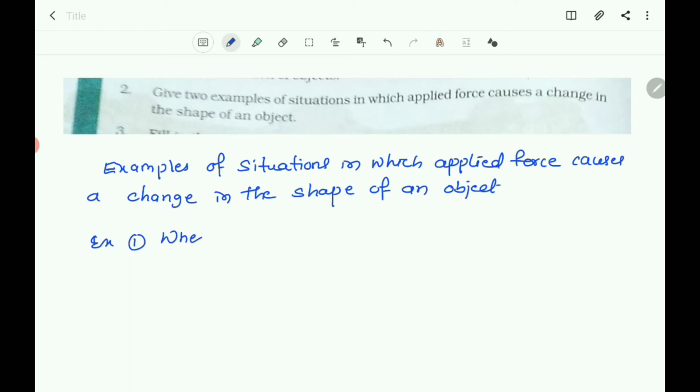When we apply force on a rubber band, it stretches.